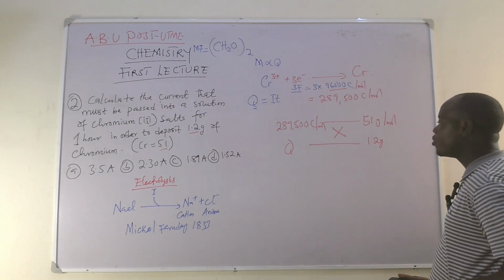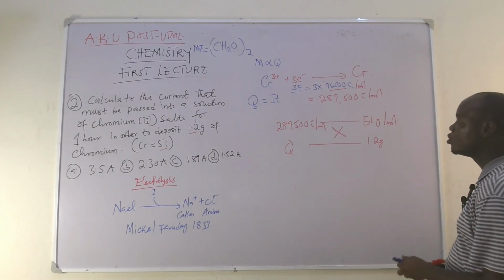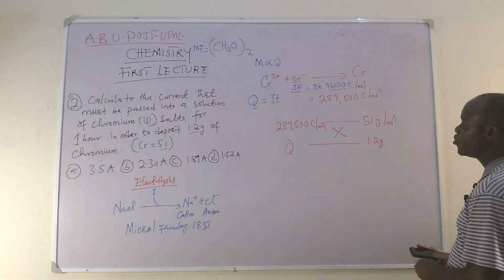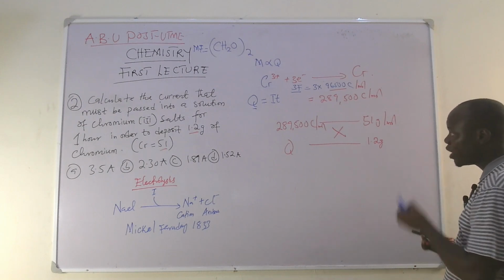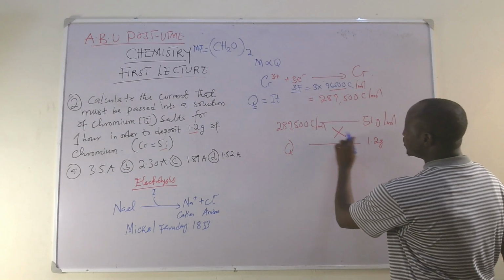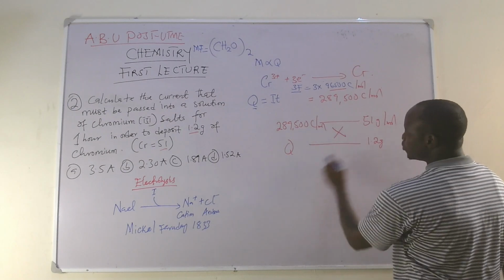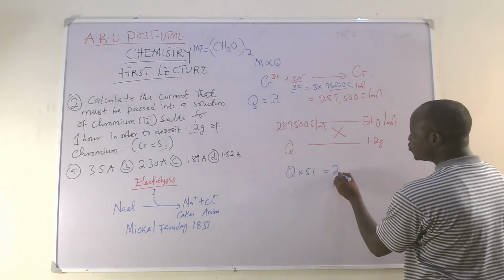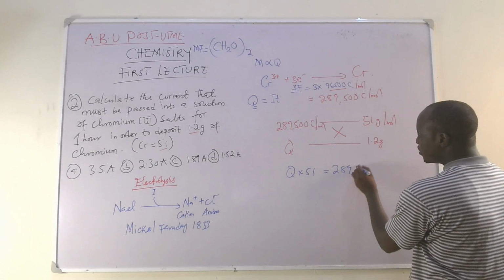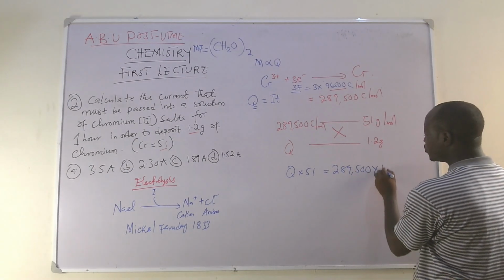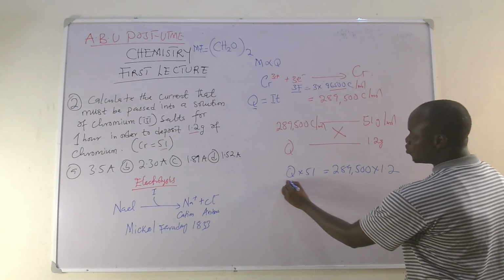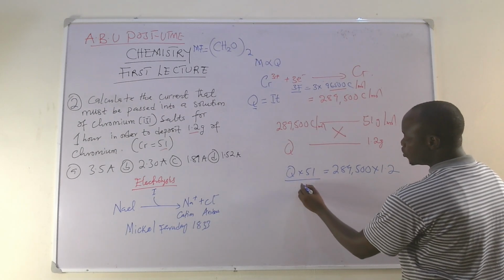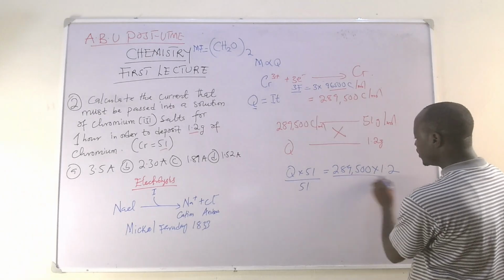So we are now going to cross multiply. We have Q times 51 is equal to 289,500 times 1.2. What we are interested in is Q, so we divide both sides by 51.